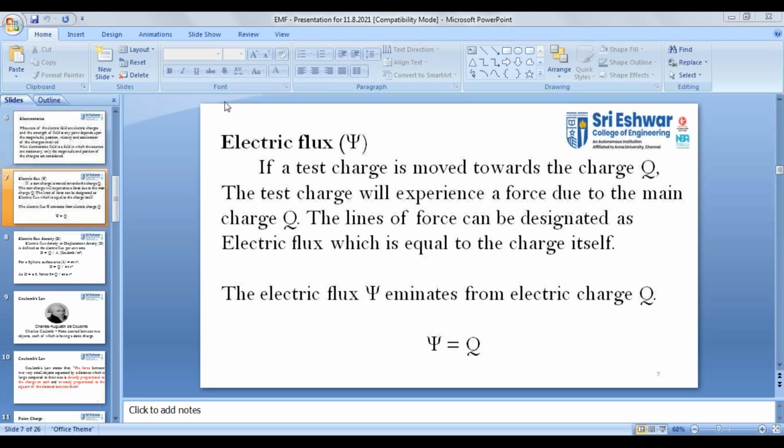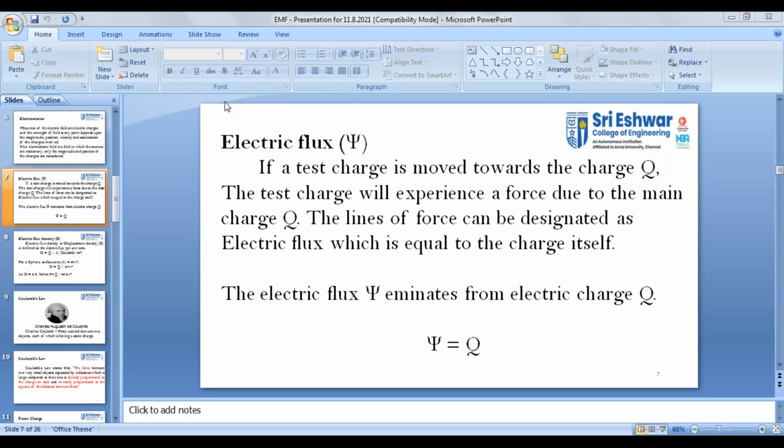One I am calling the main charge, capital Q. Another, small q, I am taking as a test charge. If that test charge small q is moved towards the main charge capital Q, the test charge small q will experience a force due to the main charge capital Q. Is it okay?